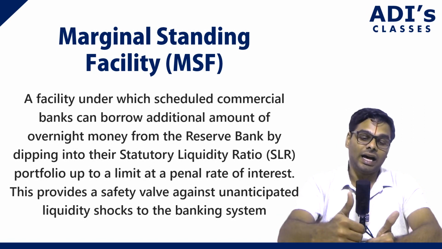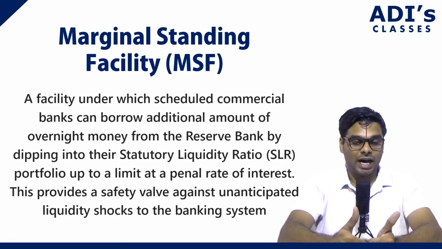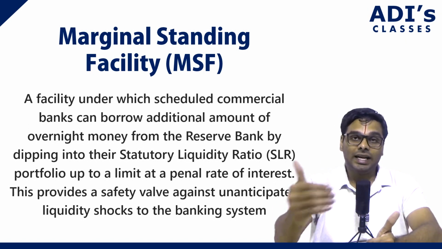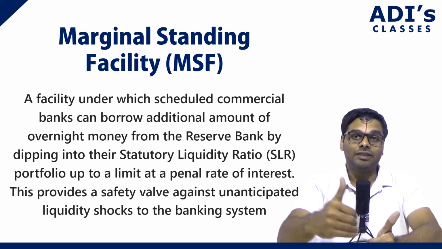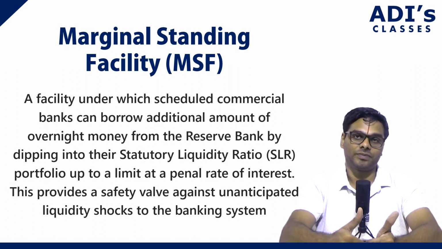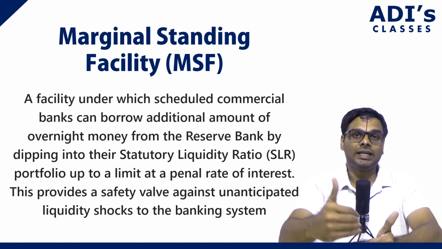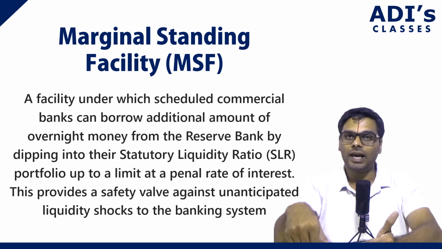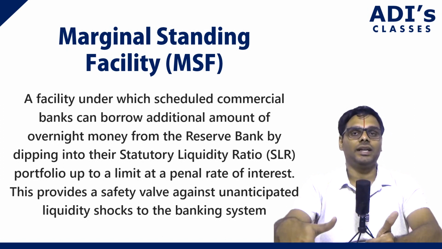When the banks are borrowing from the RBI under the marginal standing facility, they are dipping into their SLR. So they have a penal rate of interest. This penal rate of interest can be 5.5%. If the repo rate is at 5%, MSF can be at 5.5 or 6%. So that is the penal rate of interest.